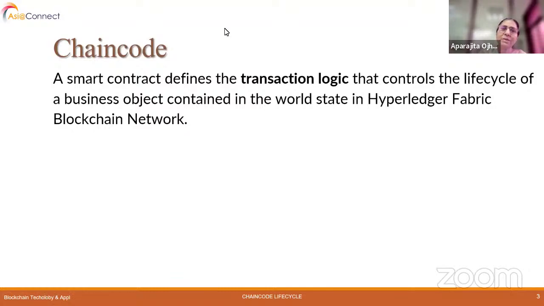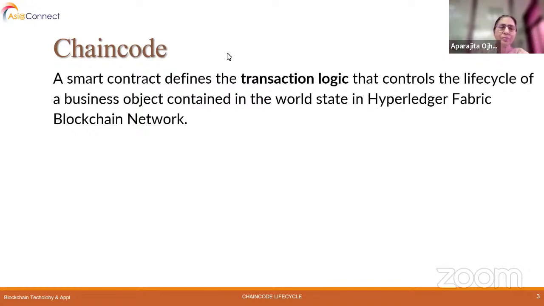By business object, as we know, it could be, for example, if the application is for healthcare, then the business object could be medicines, diagnostics, or medical records, depending upon what kind of business we are running on this blockchain network.